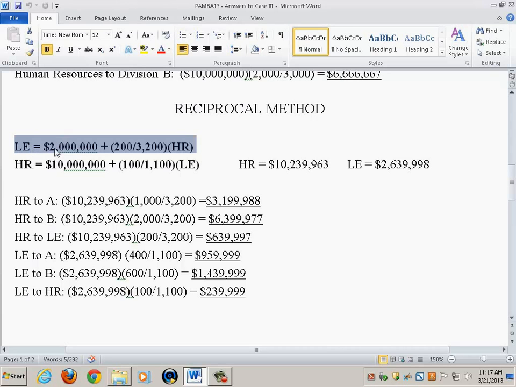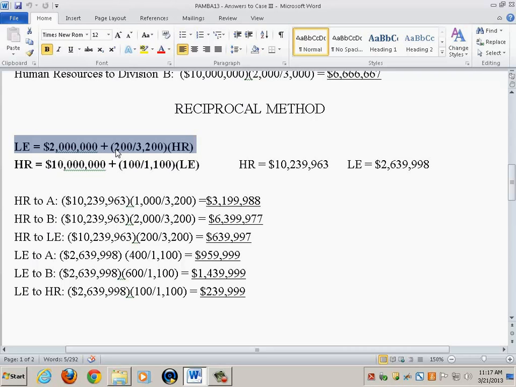Well, it started with 2 million of its own cost, we saw that, and then it received a fraction of the cost of HR. What fraction, or what share? We find that by taking the total cost that HR has to allocate, and we multiply by the share that HR allocates to legal. What is the share that HR allocates to legal?